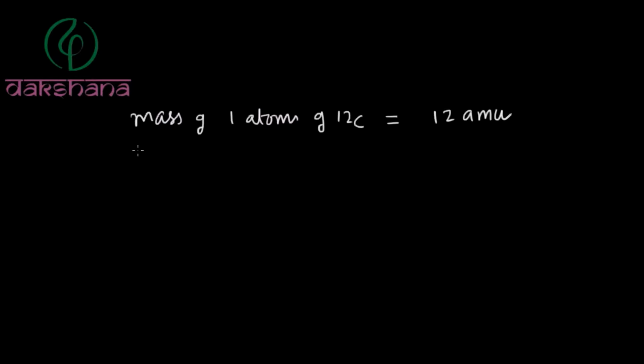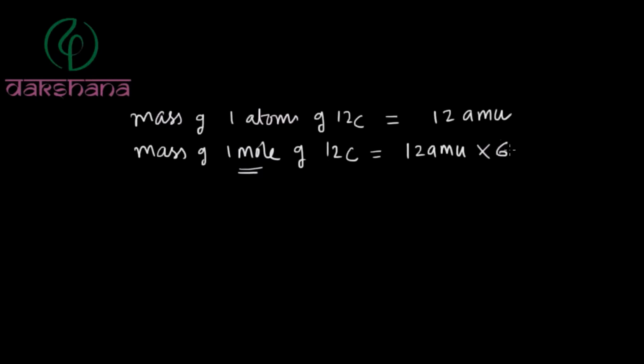So if I have to find the mass of 1 mole of carbon C12, this will be equal to the mass of one atom, which is 12 AMU, into the number of atoms in 1 mole, which is 6.022 into 10 to the power 23.